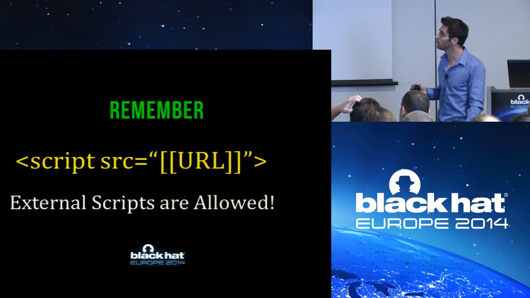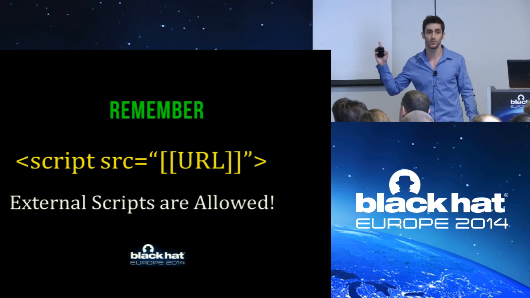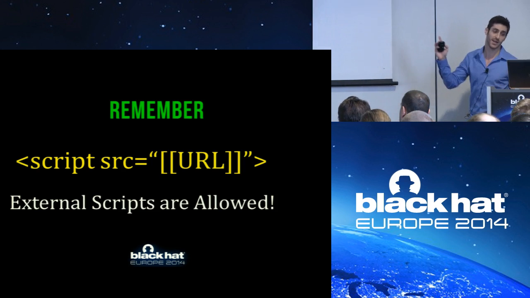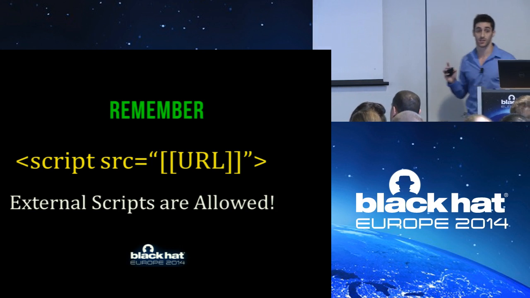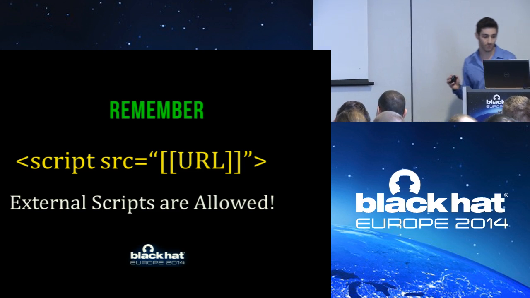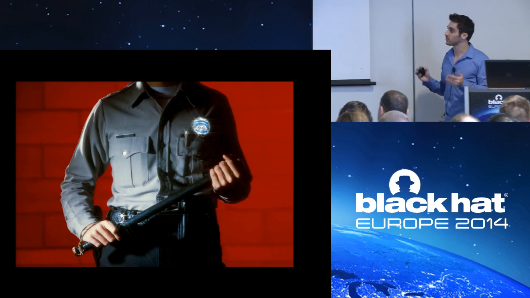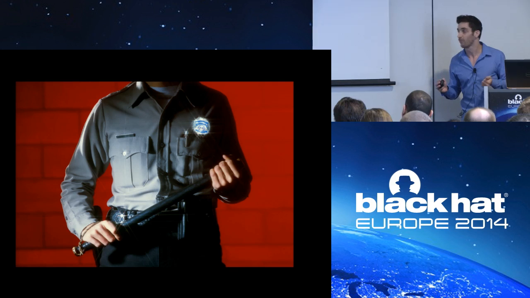I want you to remember this one, because we are going to explain how JSON with padding uses this. So external scripts are allowed by same origin policy. To summarize, this is what restricts access and prevents people from losing their private emails, medical information, banking information, and so on.